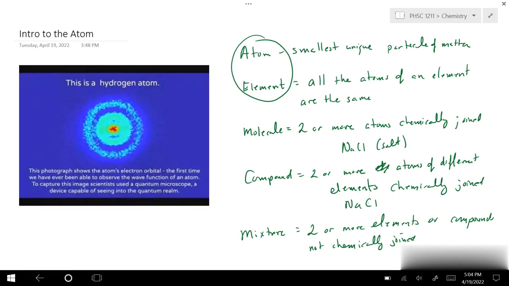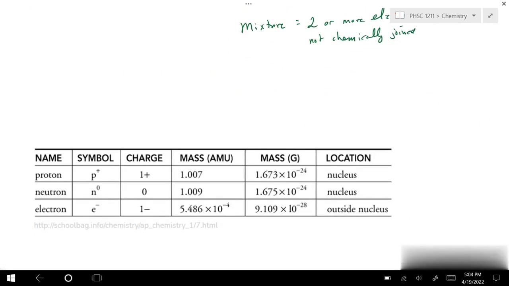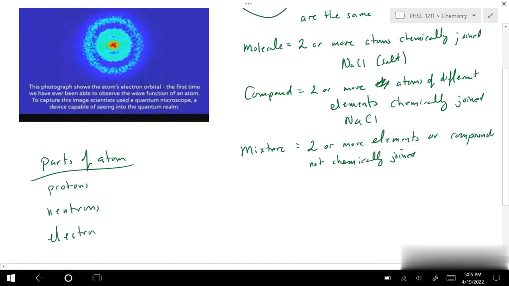So I just want you to see the vocabulary again. We're going to focus on atoms and elements, especially from the beginning. Depending on time for the semester, we may move our way up, but we're going to focus on the atoms and elements. So what makes up the atom? The parts of the atom are protons, neutrons, and electrons.